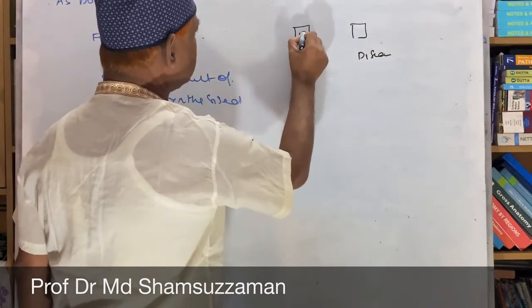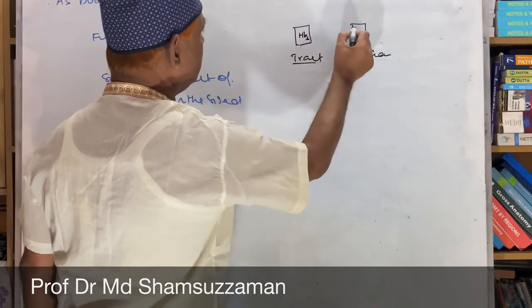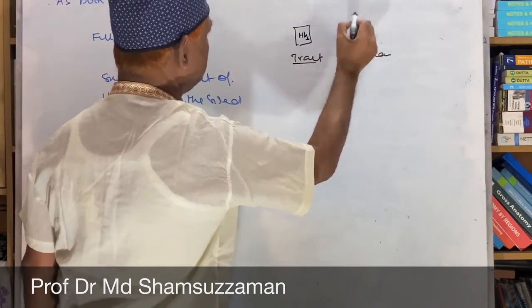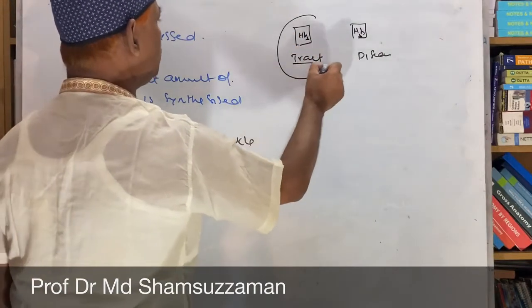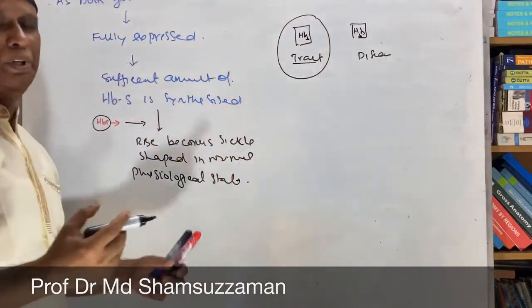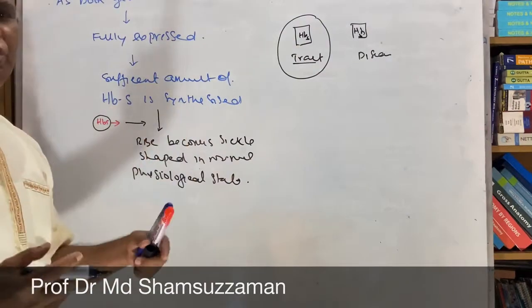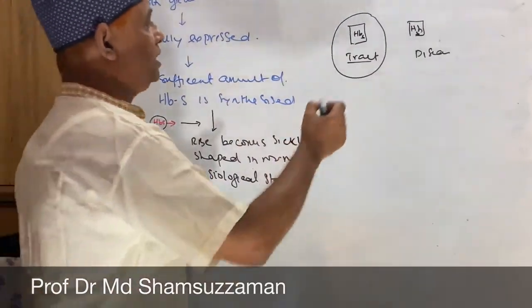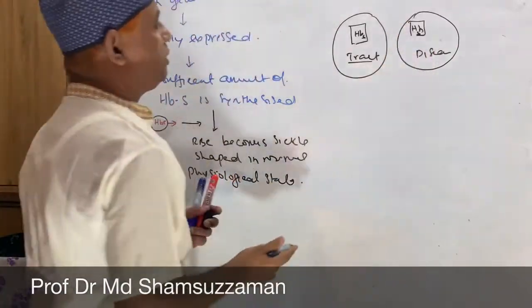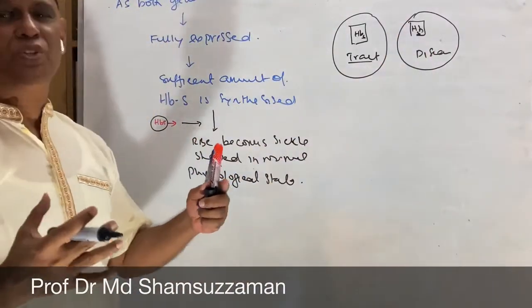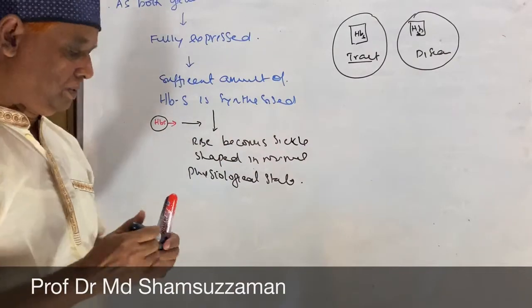Here hemoglobin S is insufficient, here hemoglobin S is sufficient. So in normal physiological condition, the insufficient hemoglobin S cannot produce RBC sickle in the normal oxygen tension of the individual. But as a sufficient amount of hemoglobin S is present, it can produce RBC sickle in normal physiological condition.